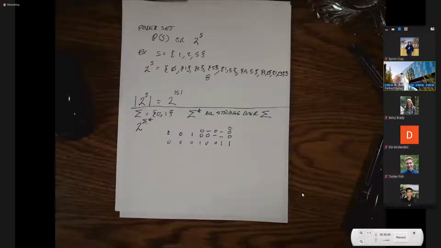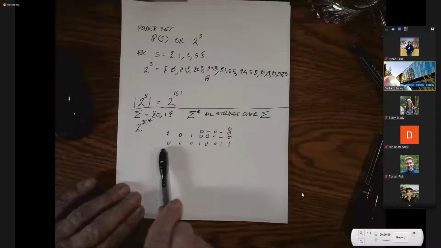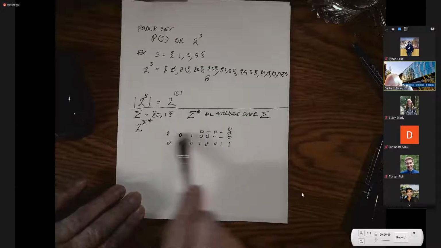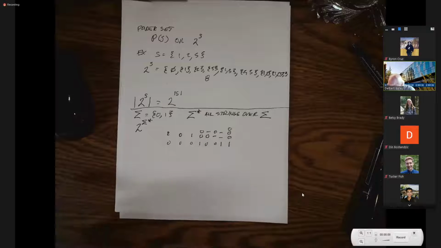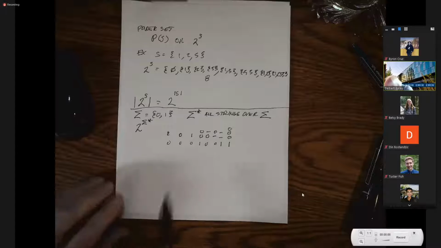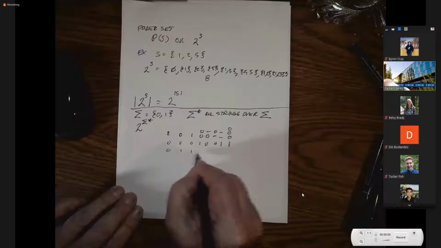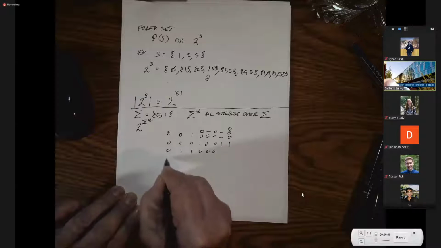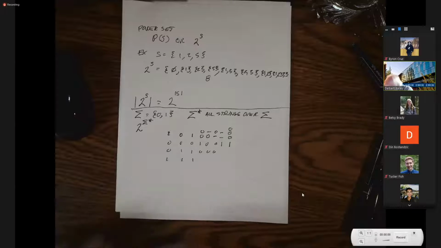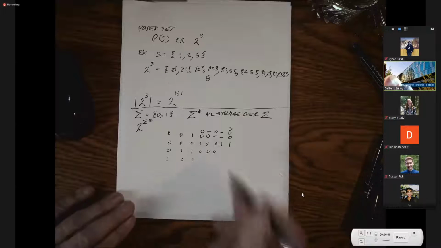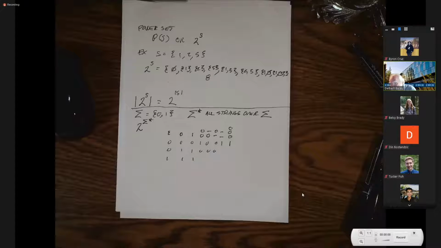No, we have the same argument here. Remember each line here is going to represent a subset of sigma star. If we assume that the subsets of sigma star are countable, then it would be possible to write a list of them. And then argument by contradiction, same as we did with the real numbers, would be if there was such a list, we can define a subset that's not in the list.